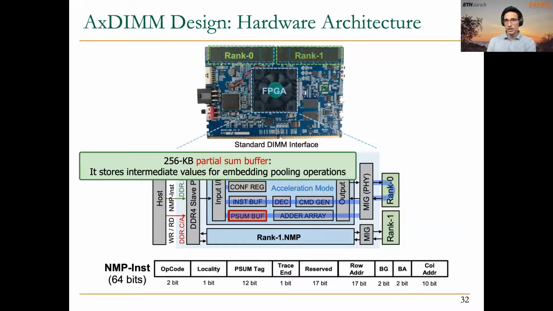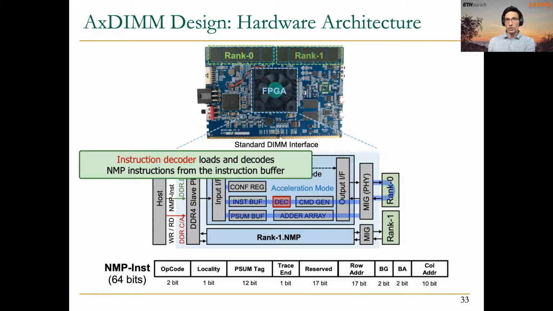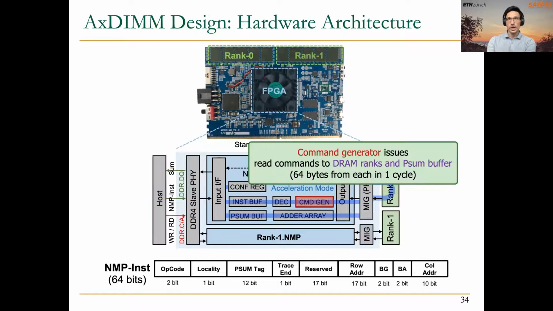This is the partial sum buffer that I mentioned before, of size 256 kilobytes as well, and it stores intermediate values for embedding pooling operations. Here we also have an instruction decoder to load and decode the NMP instructions fetched from the instruction buffer, and the command generator to issue read commands to the DRAM ranks and to the PSAM buffer before performing the additions in the adder array that you see at the bottom of the command generator.